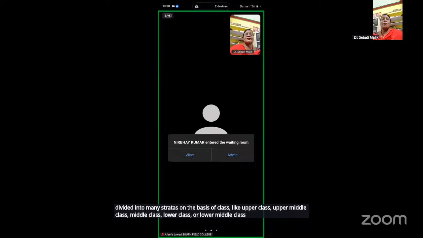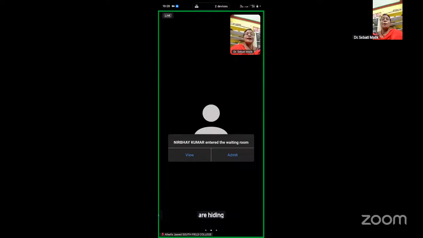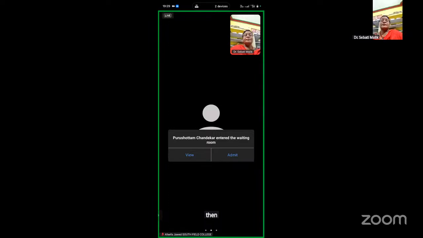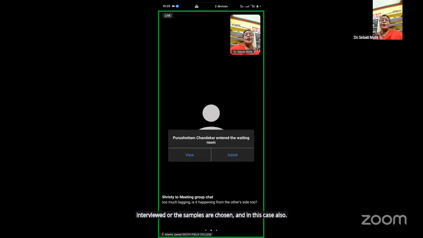And after dividing the whole study population into these classes, the samples are chosen. In this case also, each sample has an equal chance to be included in the study.